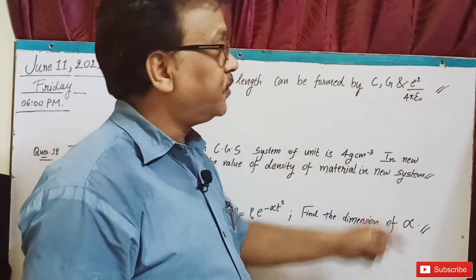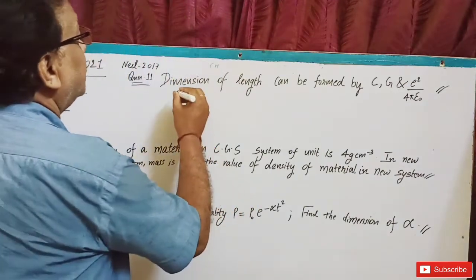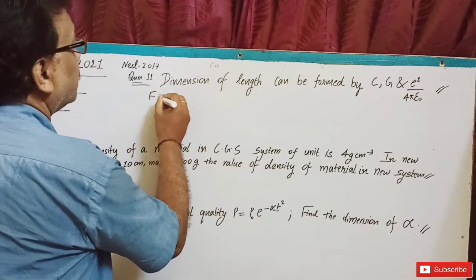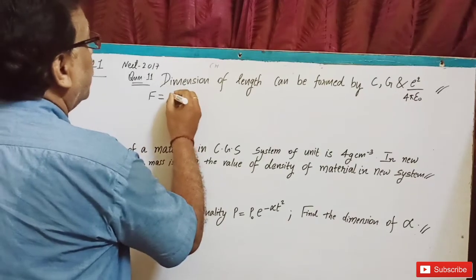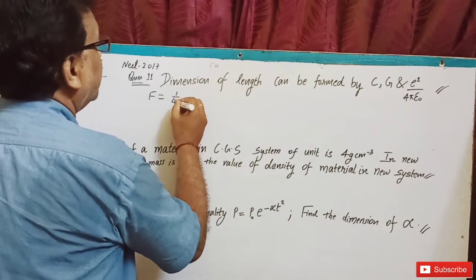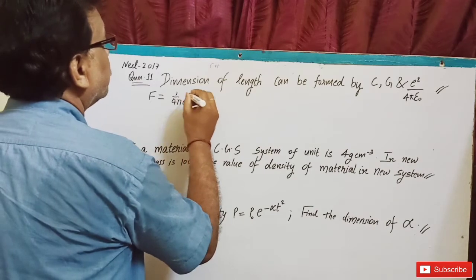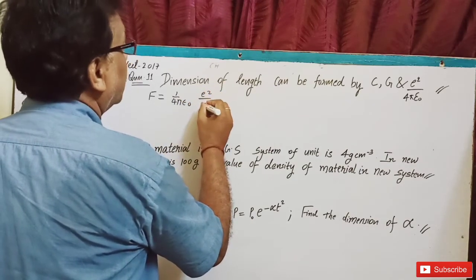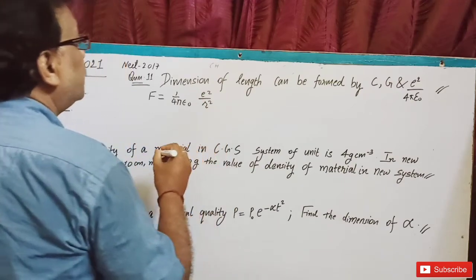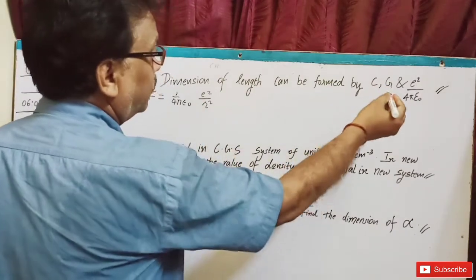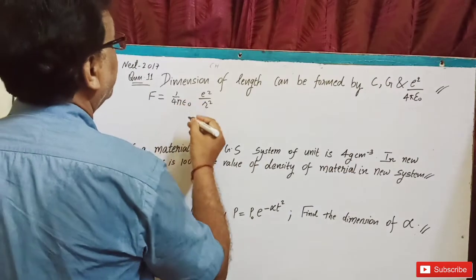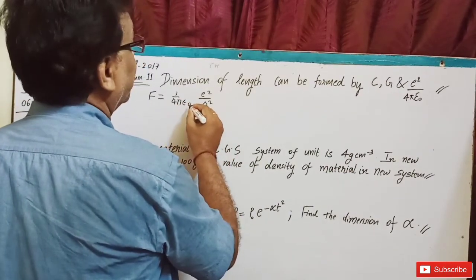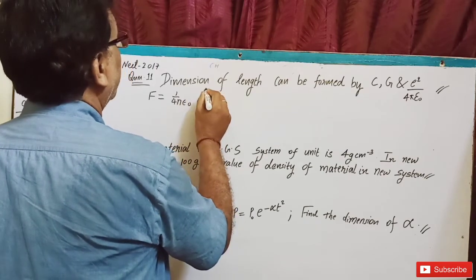So it should be determined by the formula from Coulomb's law, F equals 1 upon 4 pi epsilon naught times e square upon r square.